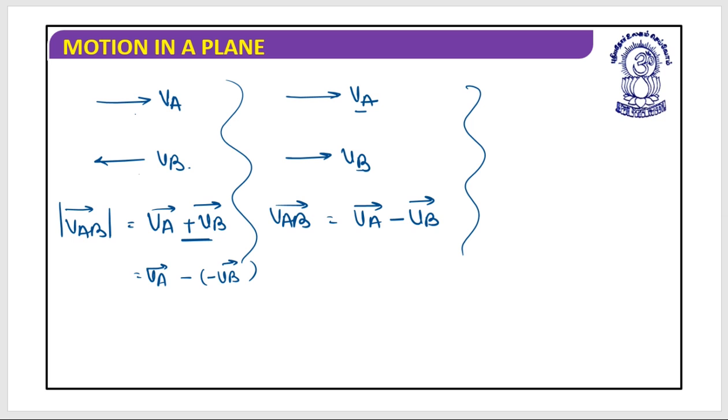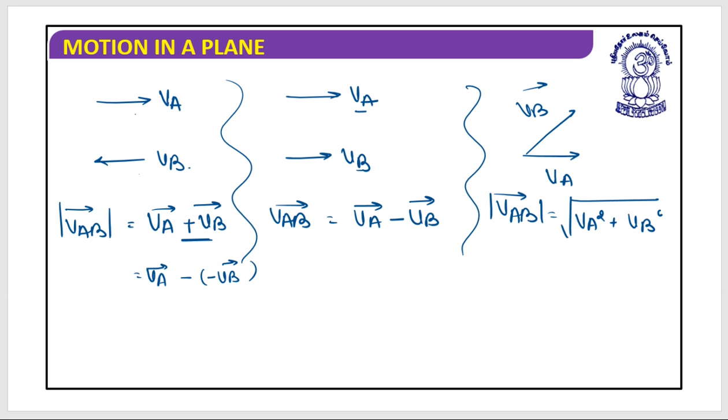And if two objects are moving at a certain angle with each other, VA and VB, then the magnitude of relative velocity of AB will be equal to the root of VA square plus VB square minus 2 into VA into VB into cos theta.